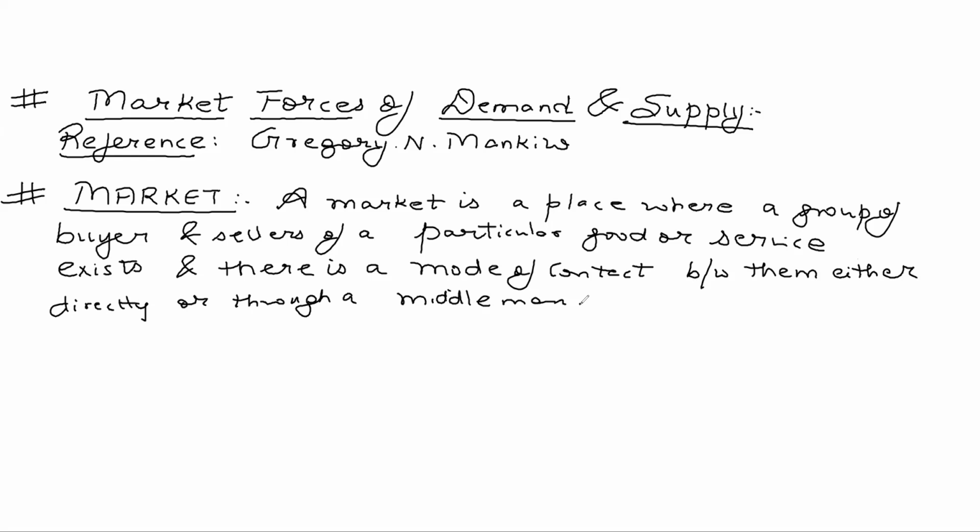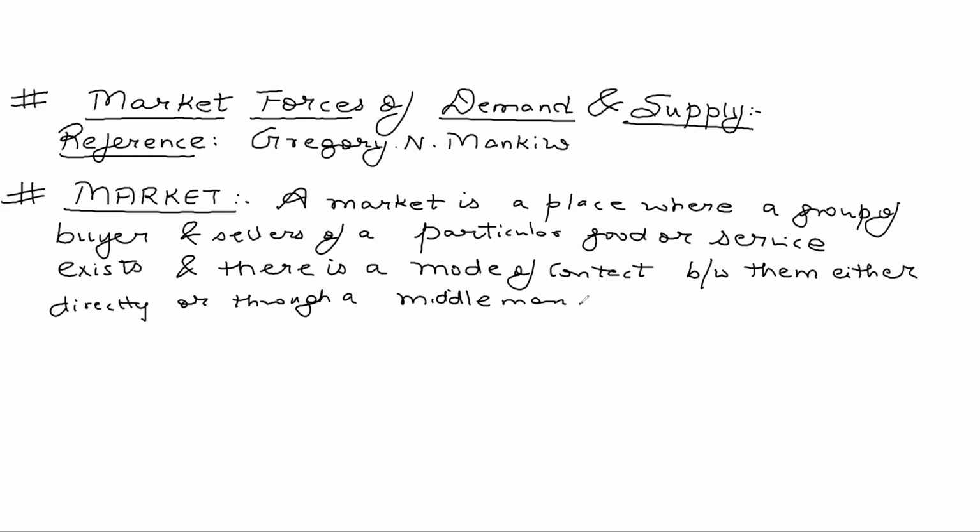Okay, so when we talk about a market in economics, market does not necessarily mean a physical place where you have to go and buy something. It is that place where the buyers and the sellers of a particular product are interacting with each other. It can be a physical market, it can also be an online market.